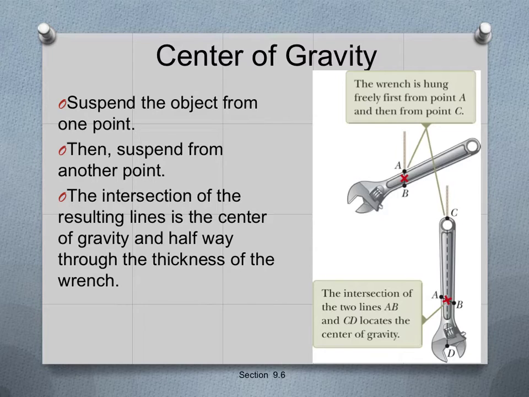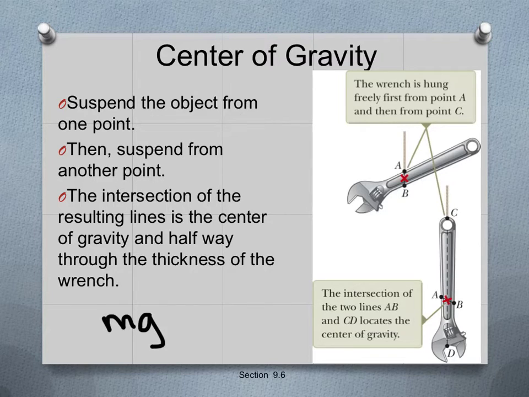The center of gravity is a little bit different because each small mass element of an object is acted upon by a gravitational force. The net effect of all of these forces acting on the small mass elements is equivalent to the effect of a single force, which is the mass times the acceleration due to gravity.